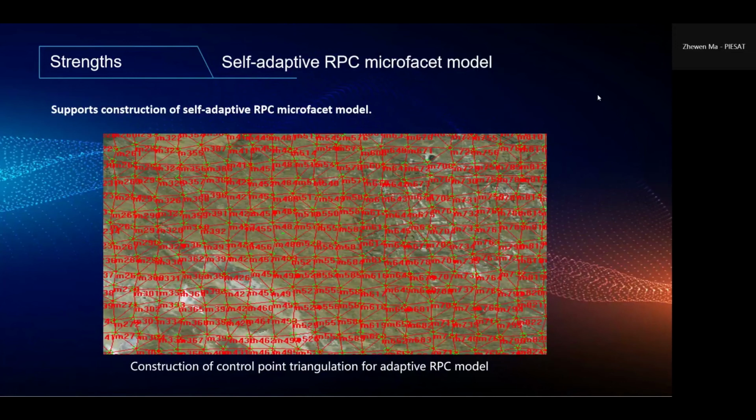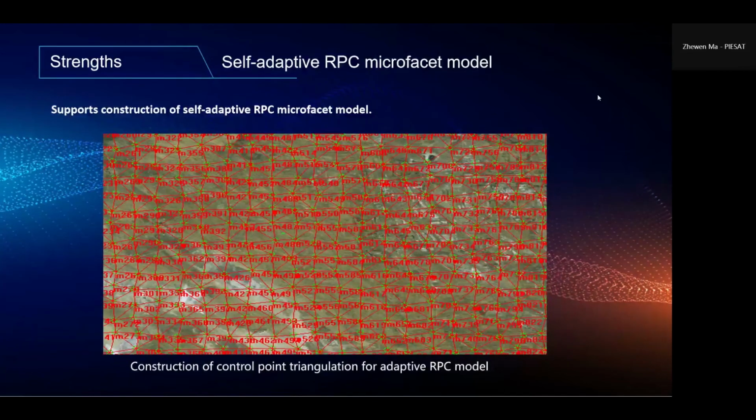The next strength is its self-adaptive RPC microfacet model, which means it supports the construction of a self-adaptive RPC microfacet model in PyAuthor. There are always some types of data that can be difficult to process when you are dealing with actual data processing.